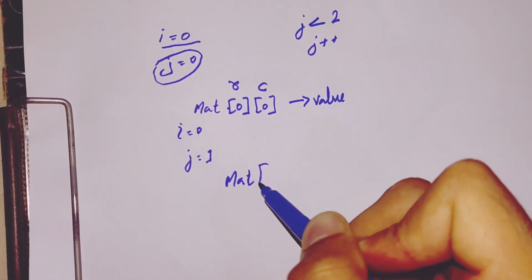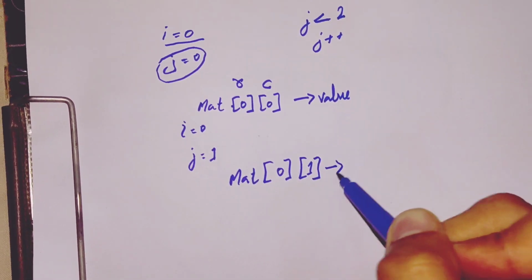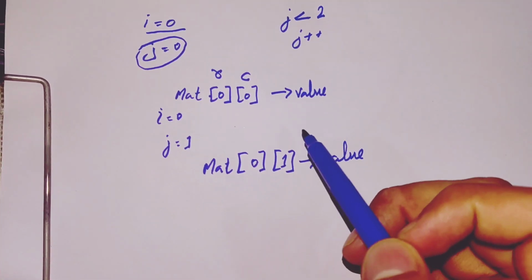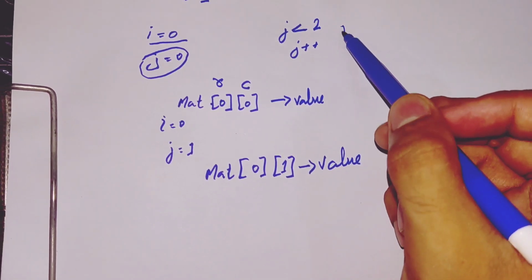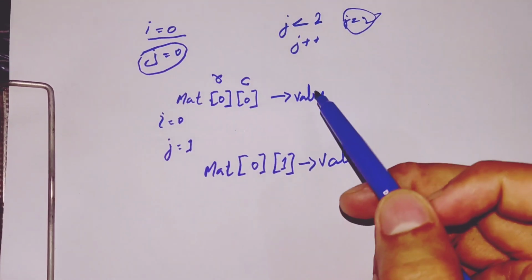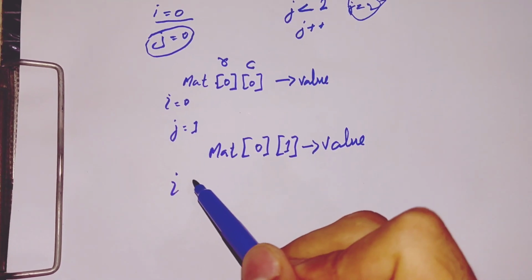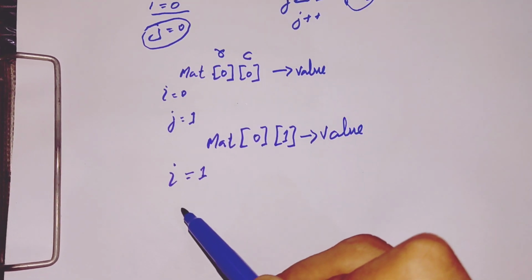Mat[0][1], then the value is stored here. After that, when we reach the condition that j is no longer less than 2, j is equal to 2, we get out of the j loop. Then i is incremented by 1. Okay, so now i is equal to 1. Then j is again initialized by 0.